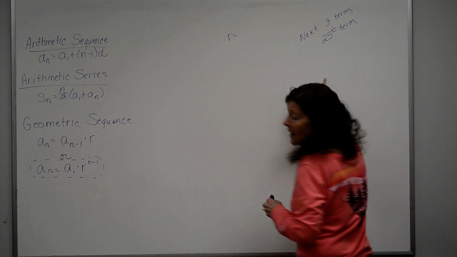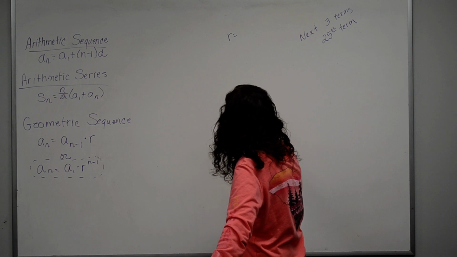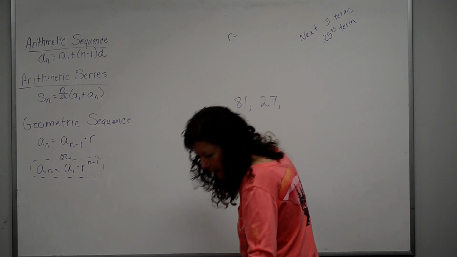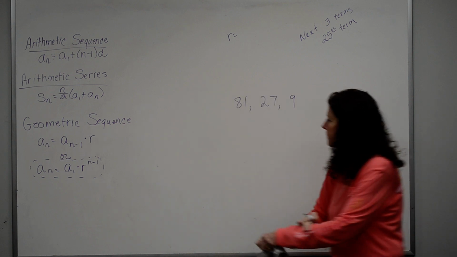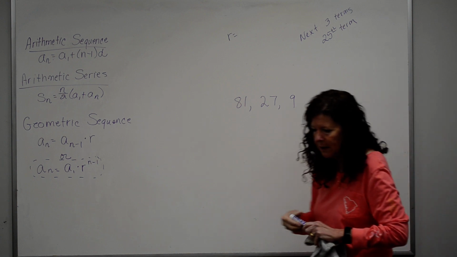Again, you're going to find the next 3 terms, and you're going to find the 25th term. So I have 81, 27, and 9. Find the next 3 terms and the 25th term.